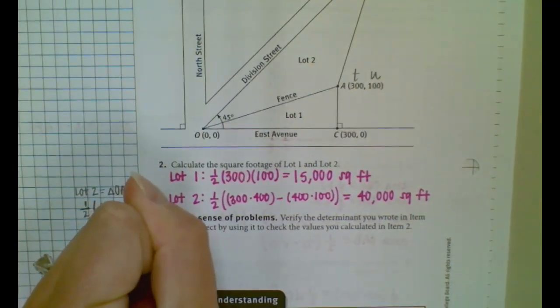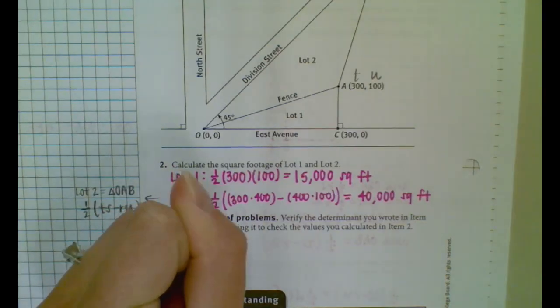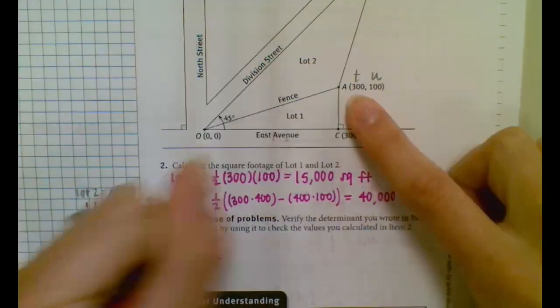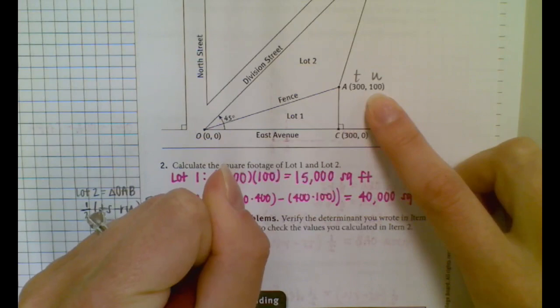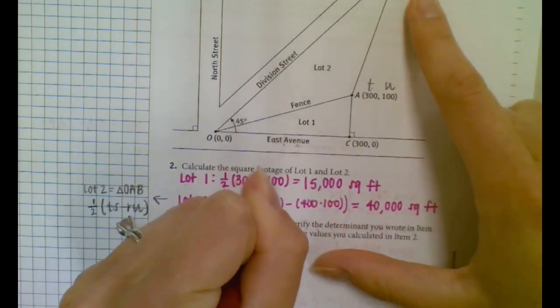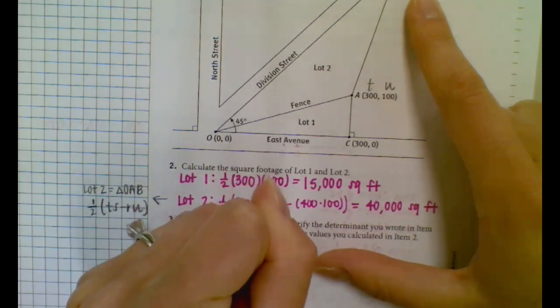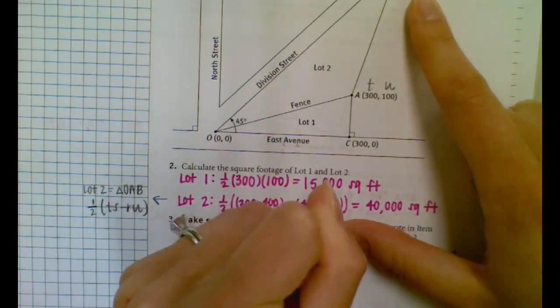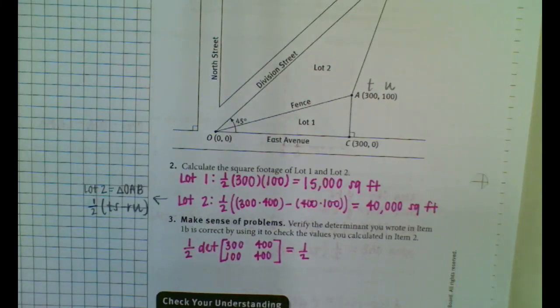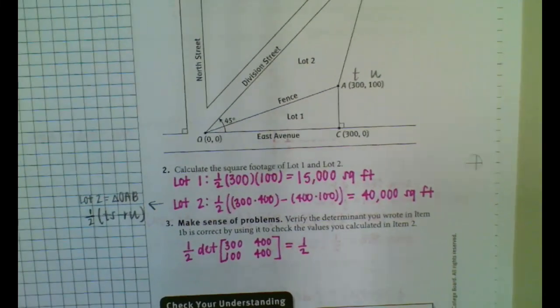So we've got 1/2 times the determinant of T, U, R, S. We're going to do 1/2 times. We got to go find the determinant of that. So you can either do that in your calculator, like do the matrix in your calculator, or just find the determinant yourself.